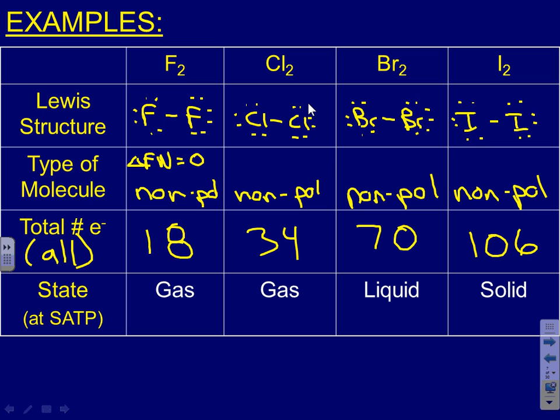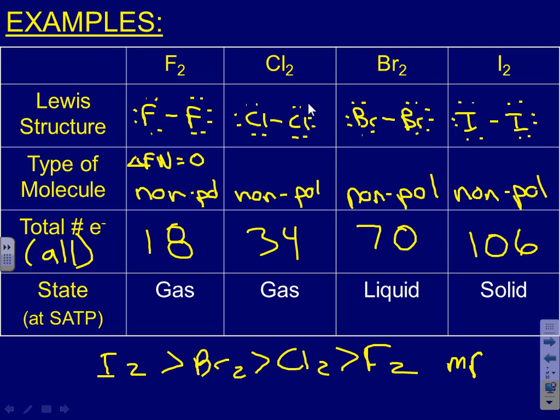And you can see here the trend along with the trend of electrons. Gas, gas, liquid, solid. So we would say that I2 is greater than Br2 is greater than Cl2 is greater than F2 in terms of its melting point or boiling point.